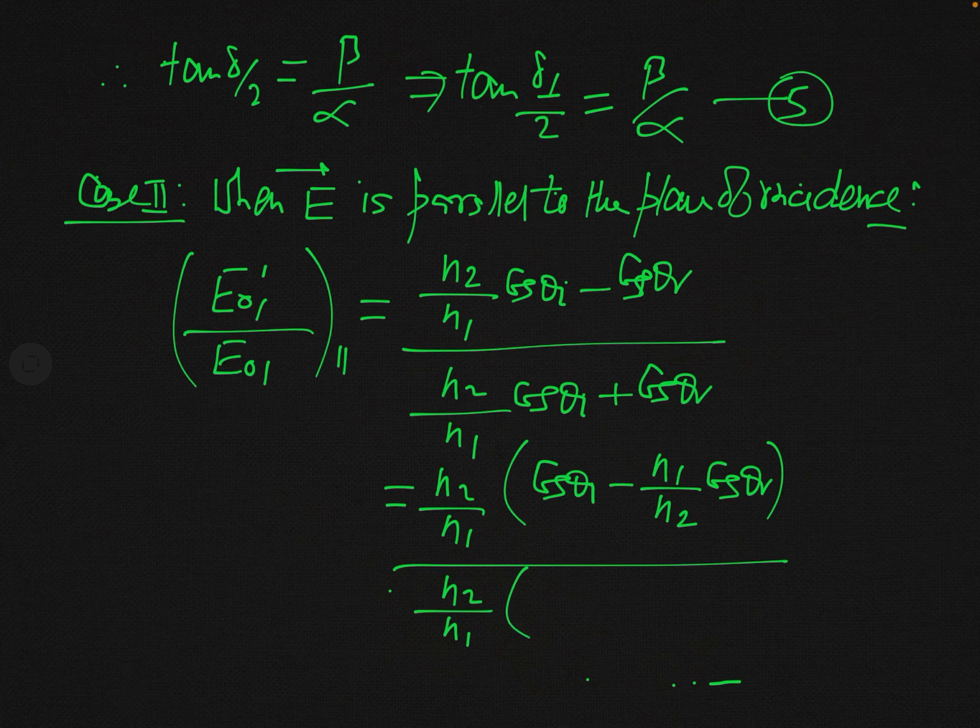This is cos theta I minus N1 over N2 cos theta R, and in the denominator we again take N2 by N1 as a common factor. This will be cos theta I plus N1 over N2 cos theta R. So this will actually cancel out, and so what is our result? You can see that our result will be E naught 1 prime over E naught 1 parallel.